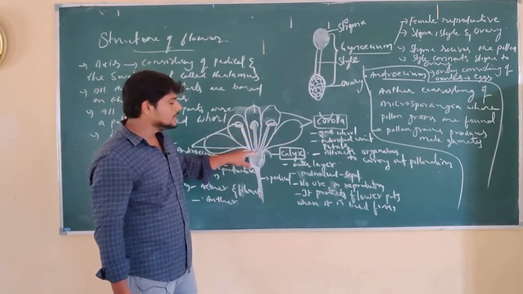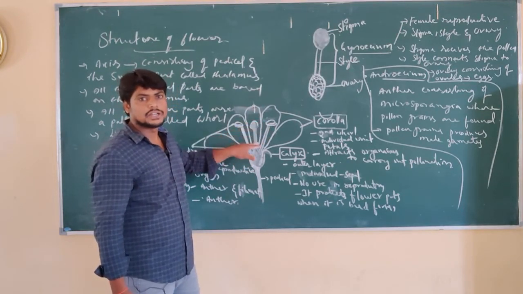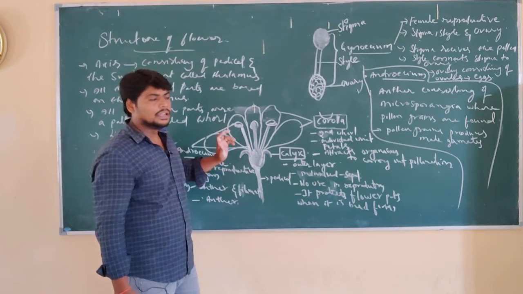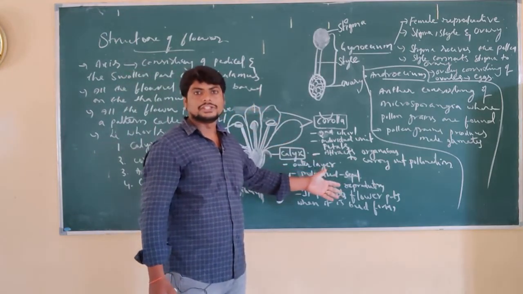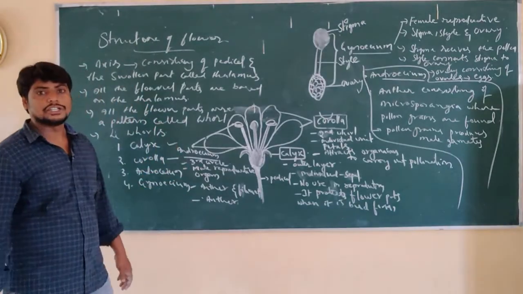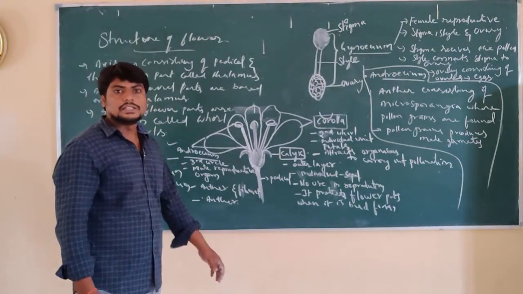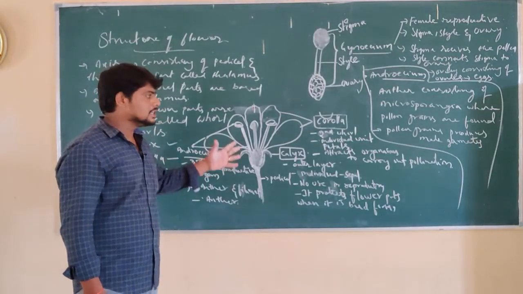And another one is gynoecium, which consists of stigma, style, and ovary. As we have seen their important functions. Understand, this is the longitudinal section of the flower, which plays a key role during the process of sexual reproduction. This is the structure.